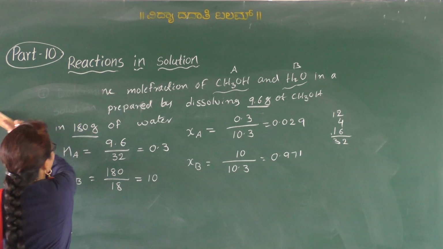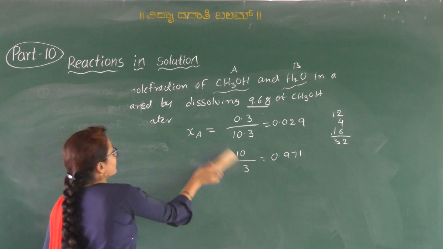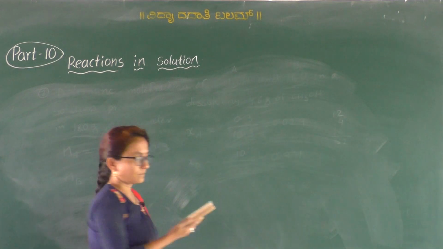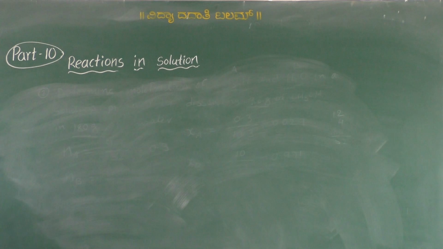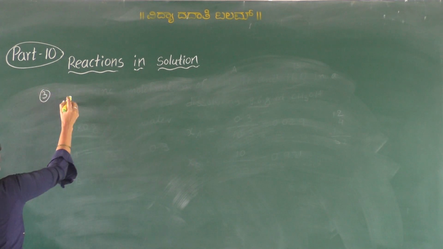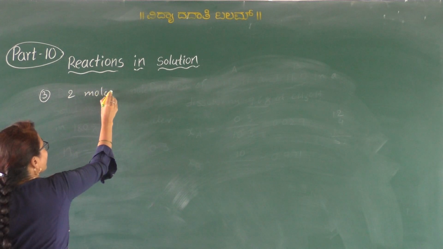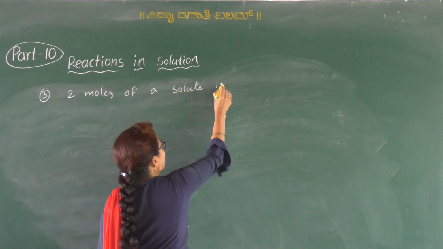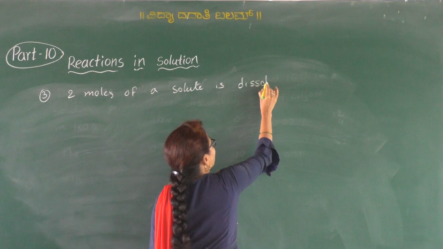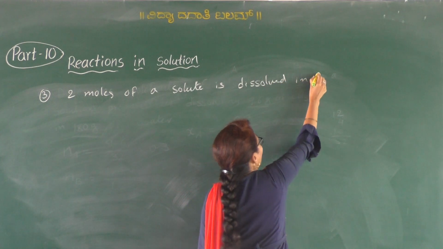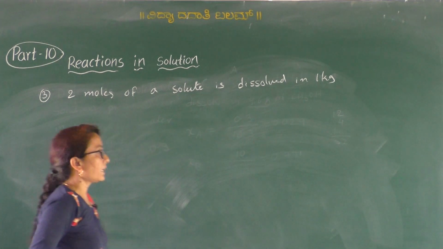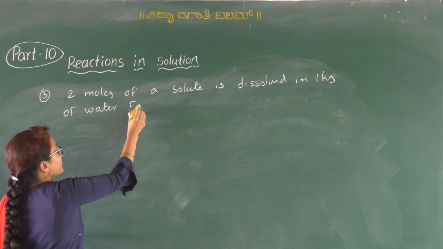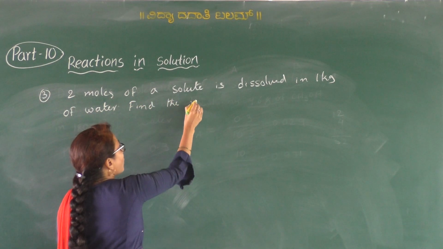Now consider the third example. So third example: 2 moles of a solute is dissolved in 1 kg of water.